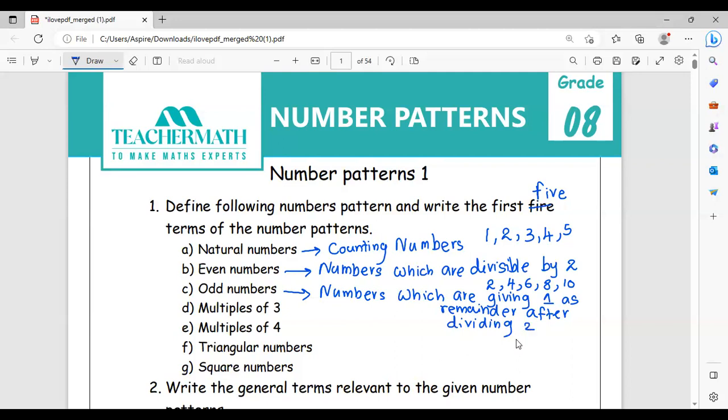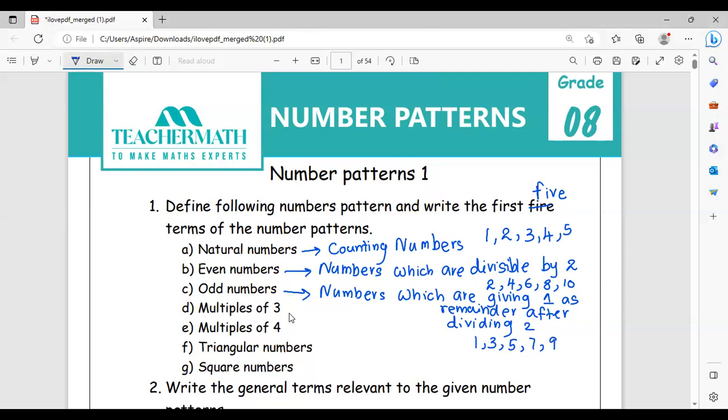What are the 5 terms? First one is 1, 3, 5, 7, 9. These are the first 5 odd numbers.